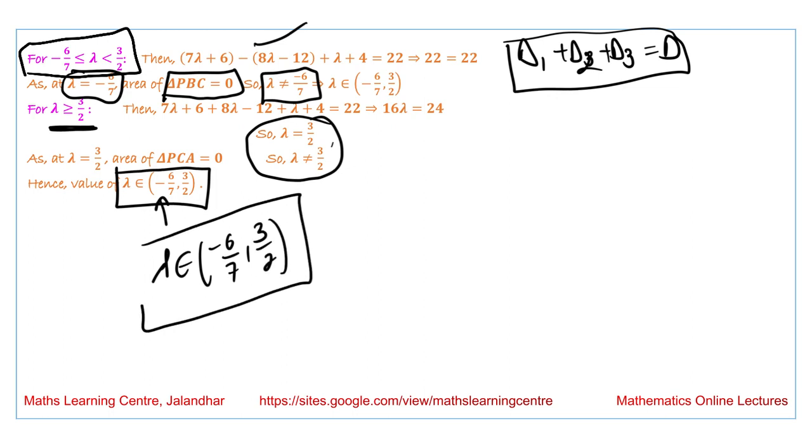You can solve this equation containing the modulus function; we have already studied how to solve it in our previous chapter, and you can obtain the value of lambda that belongs to the interval minus 6 by 7 to 3 by 2. So this is the required value of lambda.